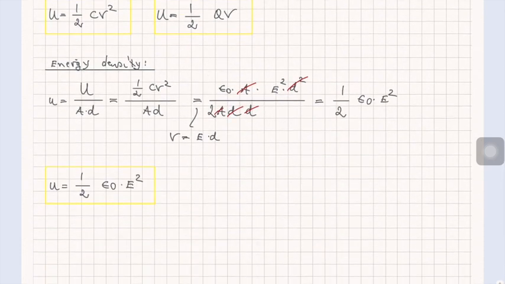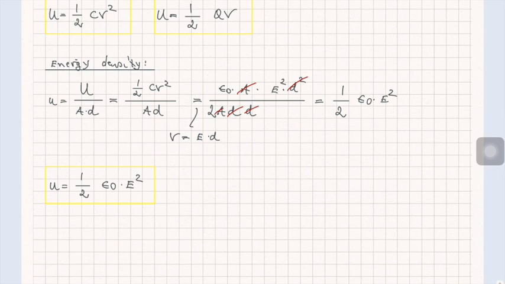And here I calculated the energy density, assuming a configuration for the parallel plate capacitor. It simply makes the whole calculation much easier. And what we see here, the energy density is simply a half epsilon naught E squared. But it's a generally true statement that the energy density scales with the square of the electrical field.